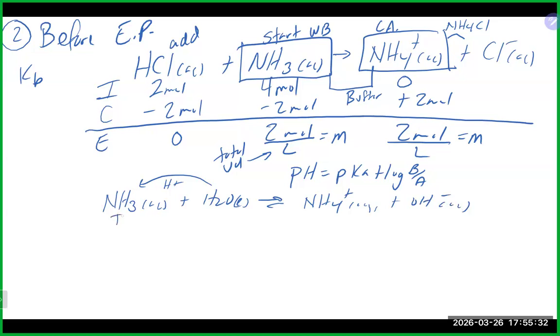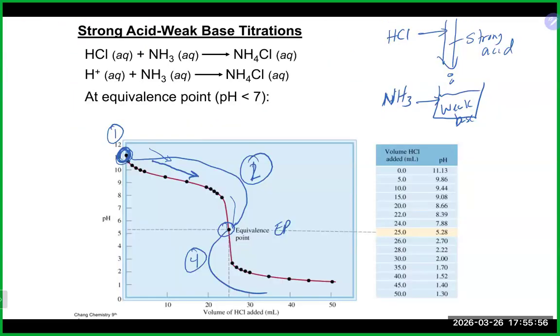Again, you would need an initial molarity here and an initial molarity here in order to do it. You could also do a weak acid with NH4 plus on the other side and use the Ka value as well. So there are a few different ways that you can do it. But once again, probably the Henderson-Hasselbalch has a little less room for error. So this is very similar to the second titration we talked about with a weak acid and a strong base.